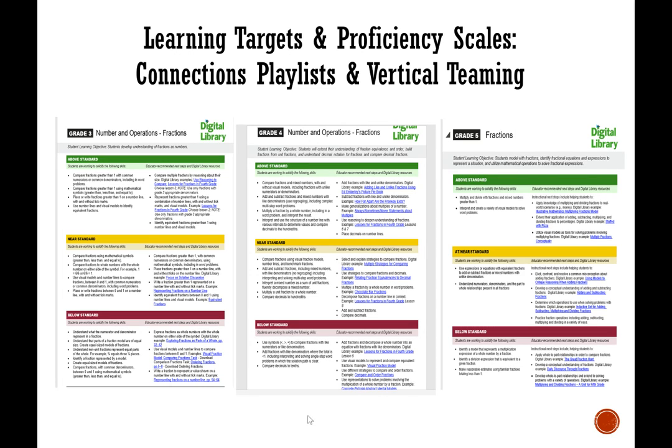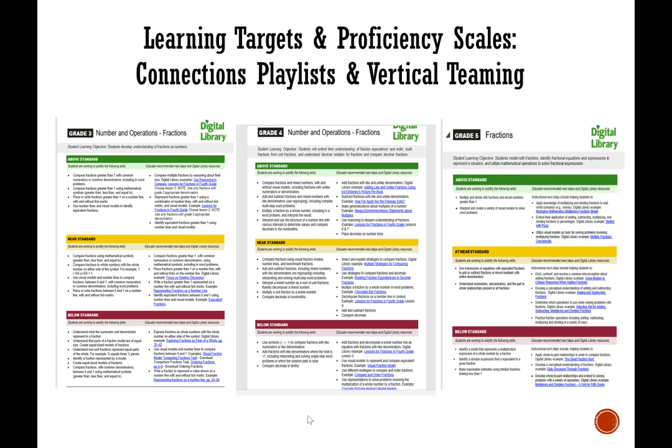A potentially easier way to look at these learning targets and proficiency scales is through another Smarter Balanced resource called the Connections Playlists. Originally, these Connections Playlists are to be used with the interim assessment blocks for Smarter Balanced. But even if you don't give the interim assessment blocks, these can be really great resources that you can even use with students. In these Connections Playlists, this happens to be grades 3, 4, and 5, the domain of fractions. And at the top of each playlist, you will see the specific learning target.